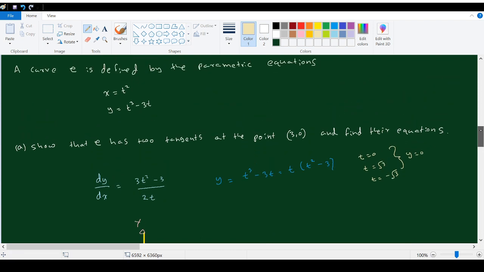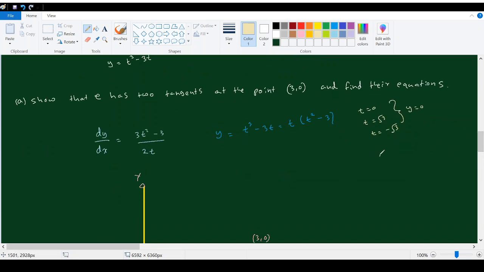And how about the x coordinate? When t is equal to 0, the x coordinate will be equal to 0, because x is given as t squared. And when t is equal to positive root 3 as well as negative root 3, the x value will be equal to 3.